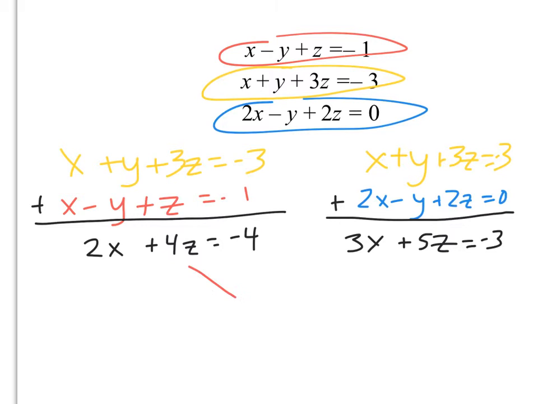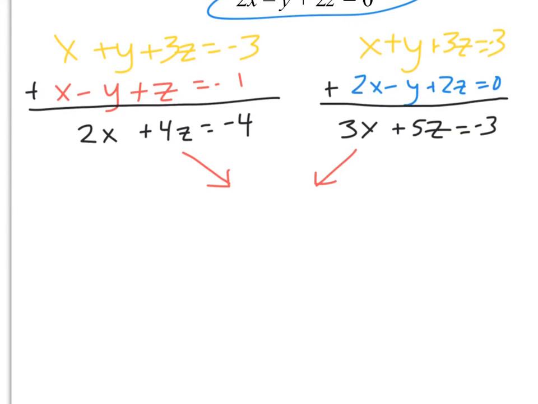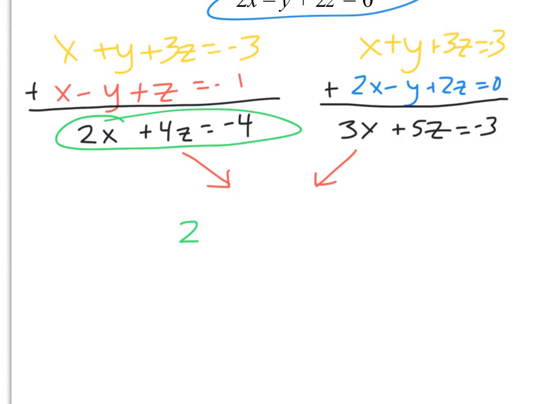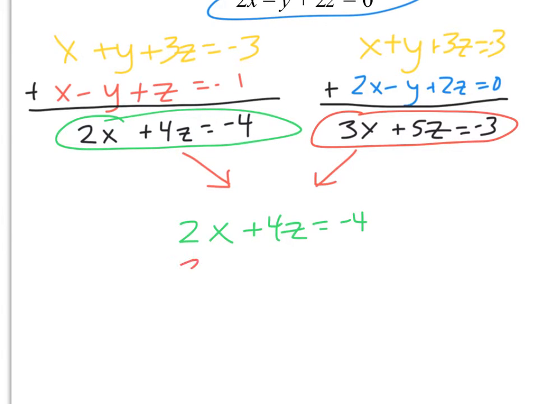So this is the first time that one of my variables hasn't been solved for in one of these. So now this comes down and it's an elimination problem like we have been doing in class. So I take this equation, 2x plus 4z equals -4. And I take the other equation, and I've, of course, run out of colors, so we'll just use red again. 3x plus 5z equals -3.